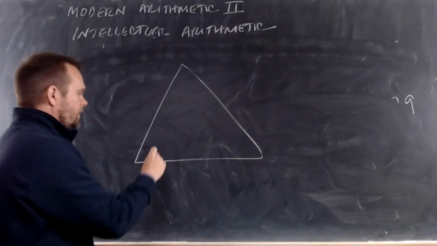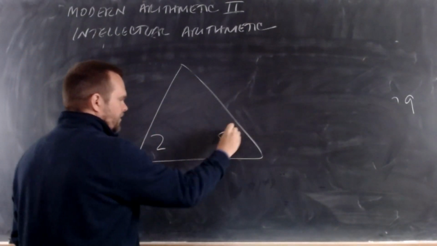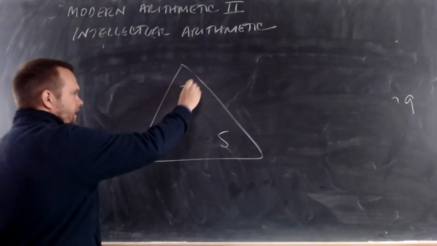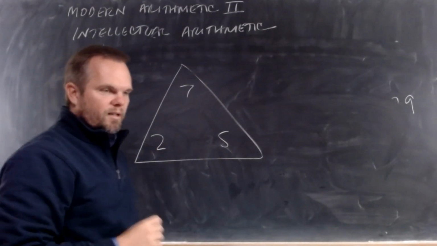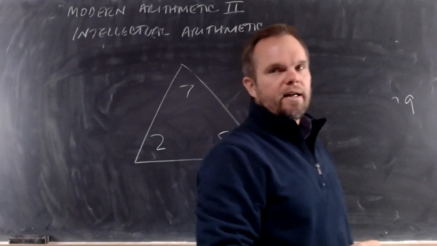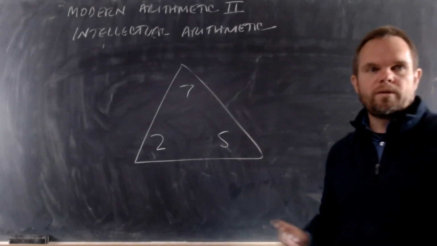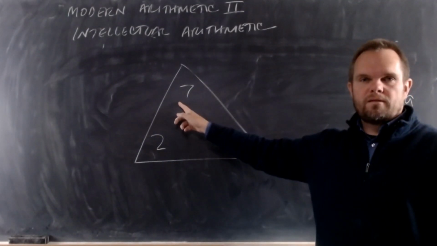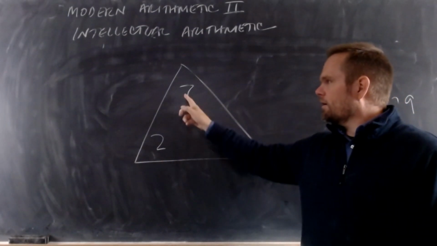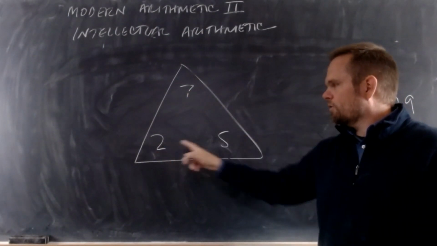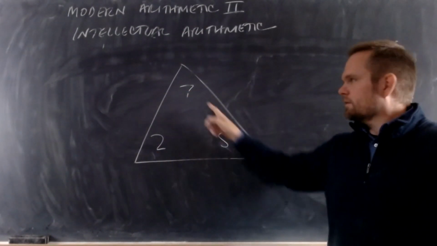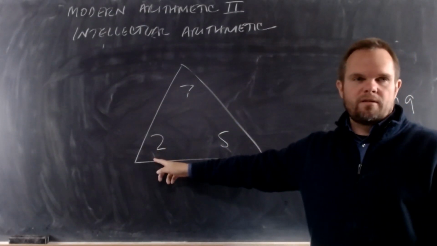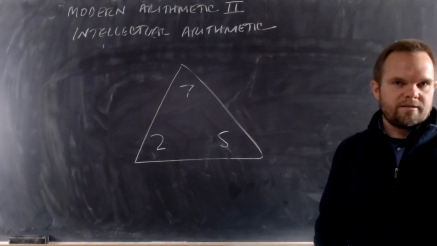Ready? So what's 2 and 5? 7. You see that? Think of the numbers together as a triangle. And watch how cool this is. 2 and 5 are 7, 5 and 2 are 7, 7 minus 2 leaves 5, 7 minus 5 leaves 2. You see that?